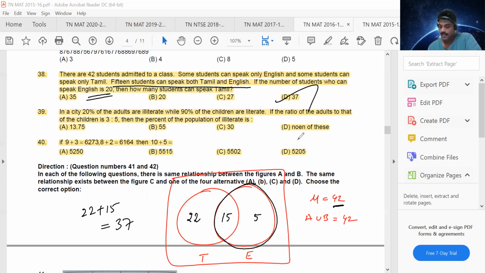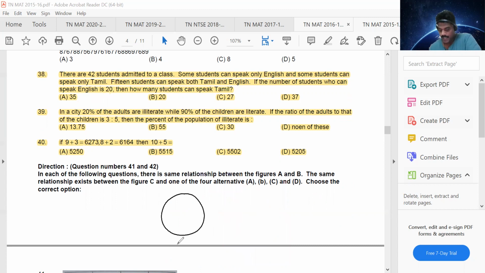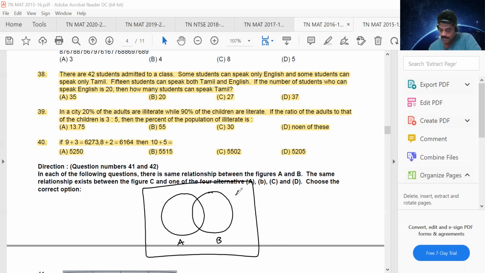Right? So in case you don't know about sets, let us say A and B are two sets under a universal set mu.